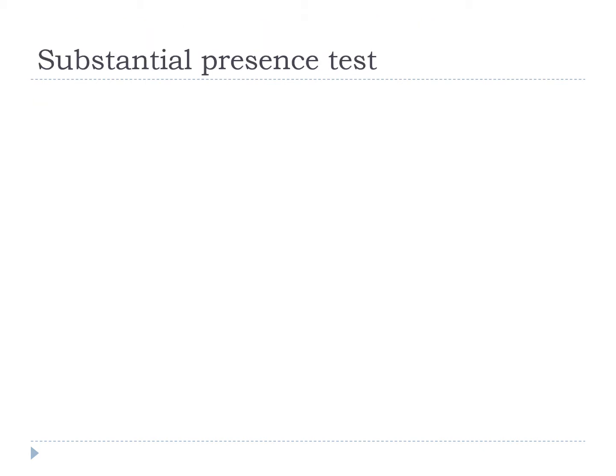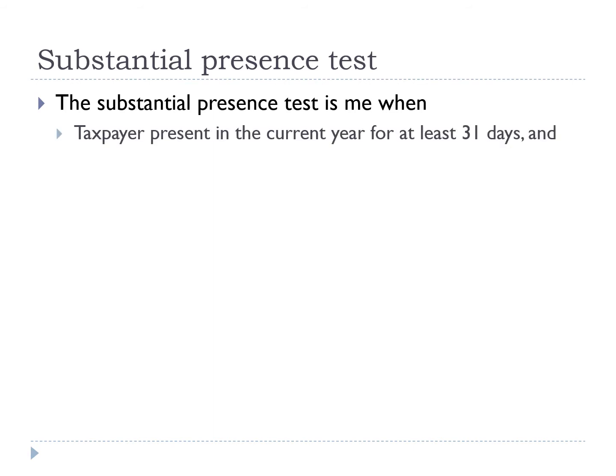A person can be treated as a resident alien of the United States if his or her physical presence meets the substantial presence test in the Code. The substantial presence test for resident alien status is normally met when the taxpayer is present in the current year for at least 31 days and the special 183-day test is met.